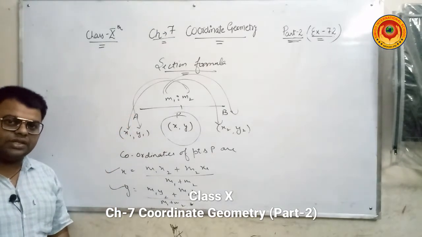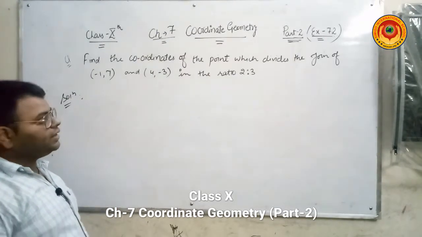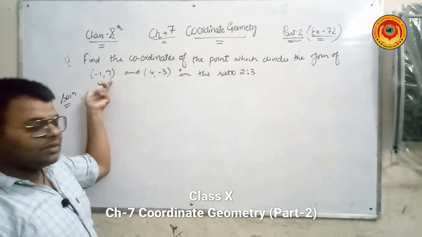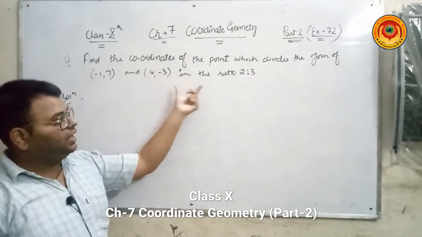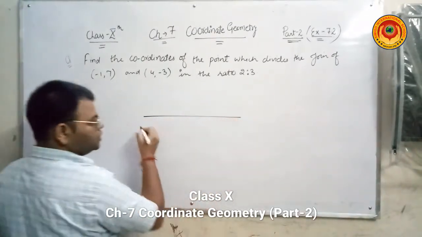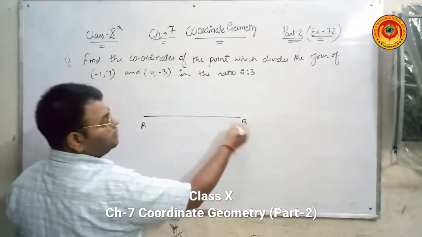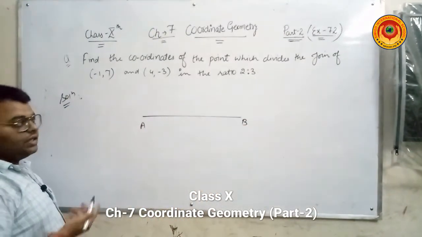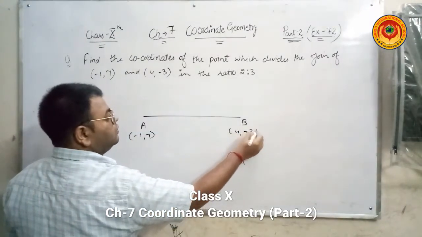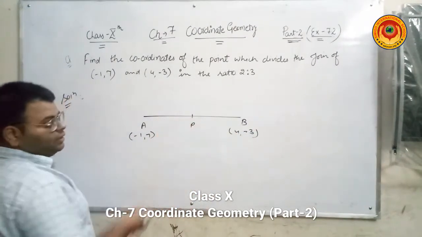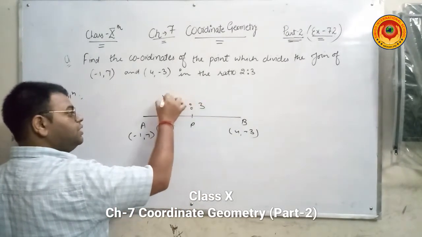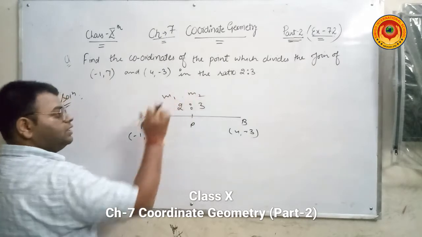The first question is: find the coordinates of a point which divides the join of -1, 7 and 4, -3 in the ratio 2 to 3. Suppose you have this line segment. Give it the names A and B because they have not given the names. Let a point P divide the line in the ratio 2 to 3, that is m1 and m2.